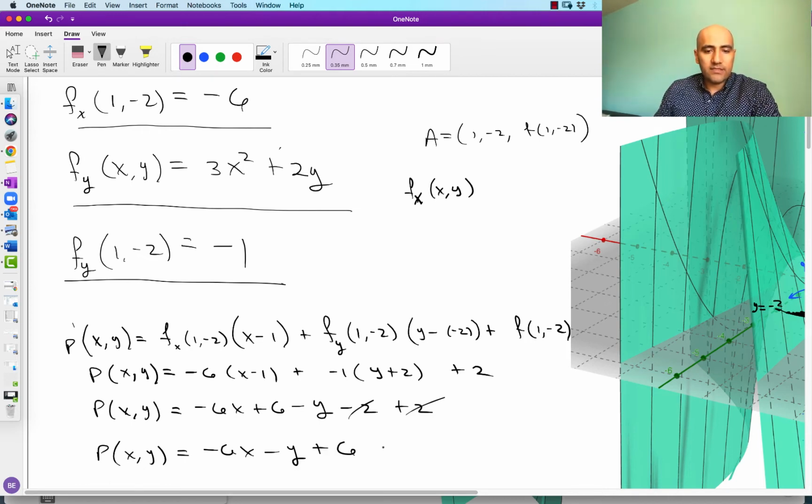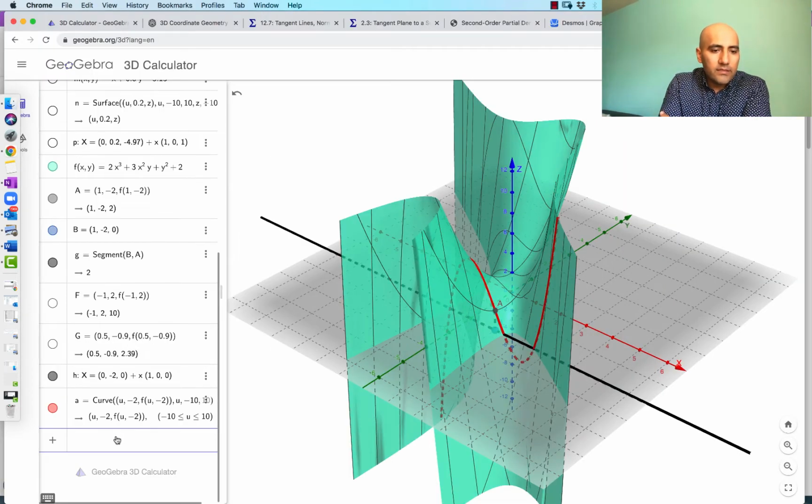plus 6. Again, this is not in the scope of our class, so I just quickly went through it. You wouldn't be asked to do this for homework or anything like that, but if you could follow it, it's not that hard. So it is -6x minus y plus 6. And let's go back to our equation over here and type it in.